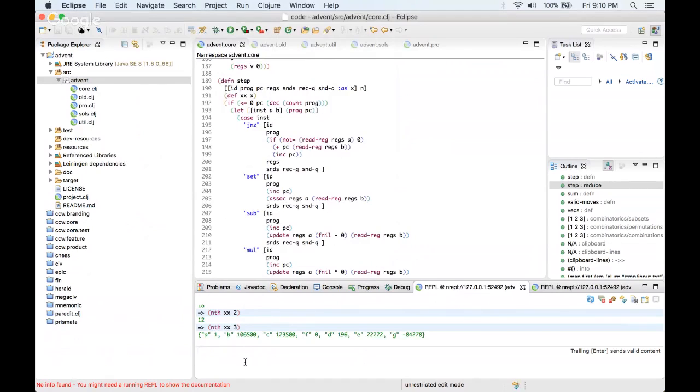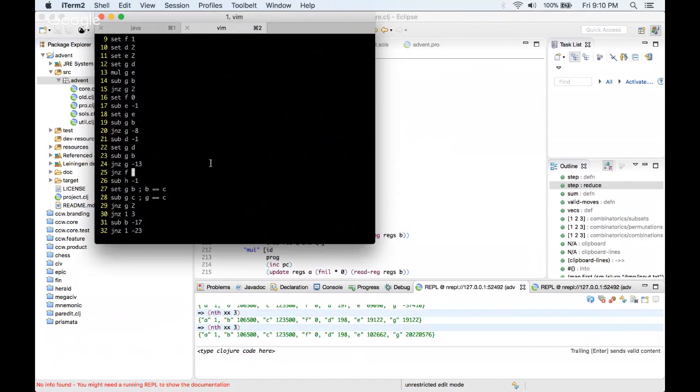Let's look at the registers again. So F isn't changing a lot. Hmm.